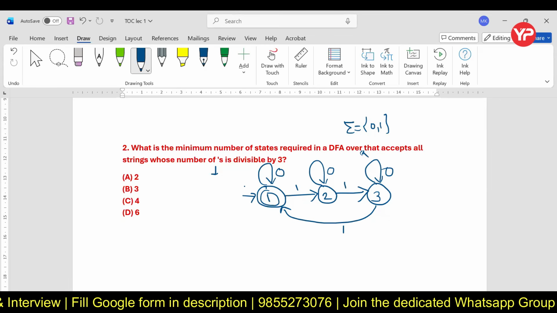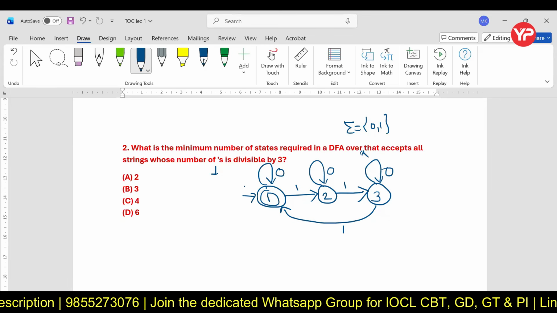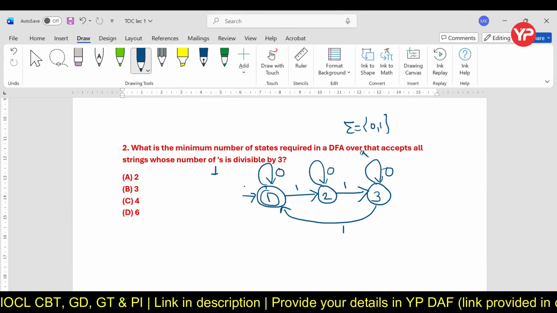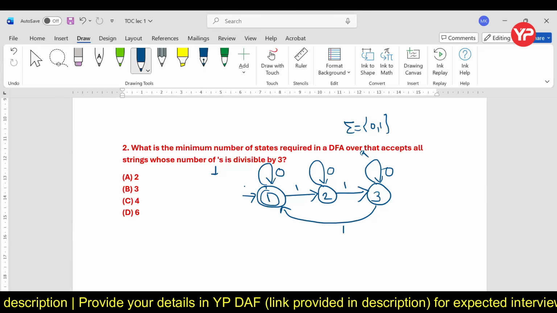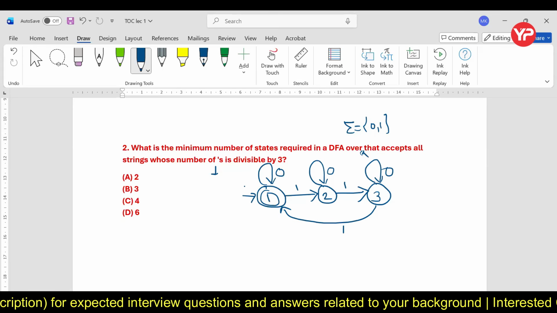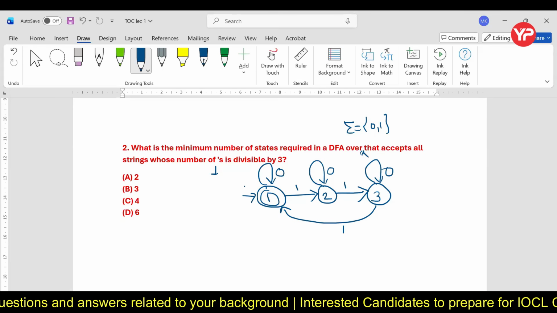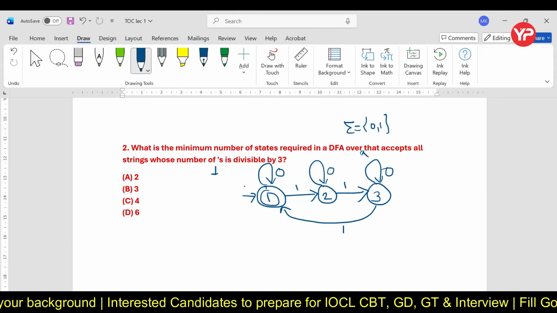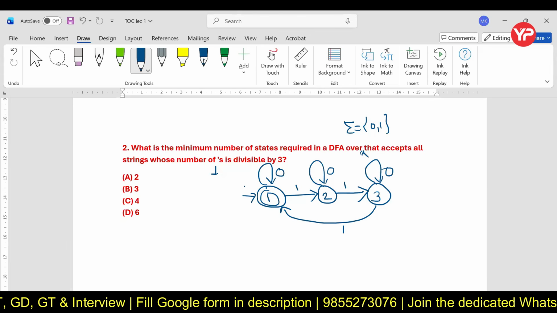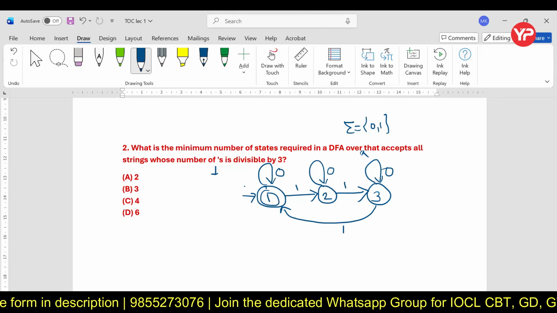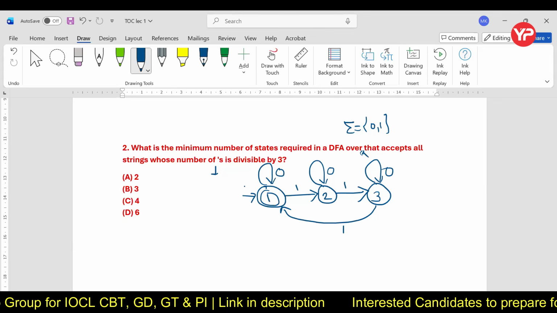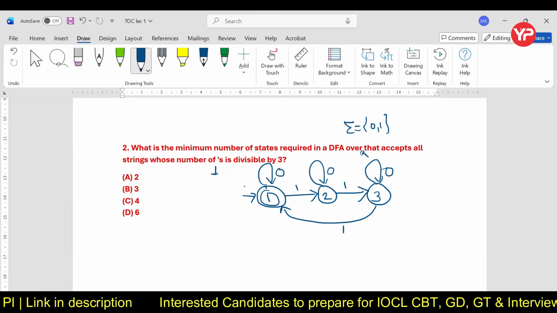See, state 1 represents 0, 3, 6, 9, 12 ones. It accepts all strings having a multiple of 3 ones, and it does not bother about the number of zeros. If I talk about state 2, suppose in this model state 2 is your final state, not state 1. In that case, it accepts all those strings for which, when I divide the number of ones by 3, it gives me 1 as the remainder.